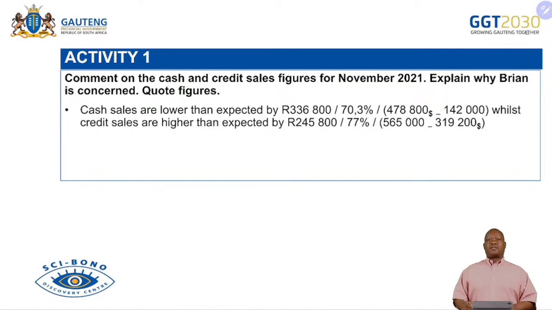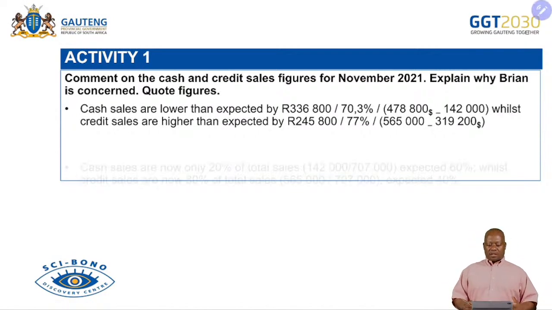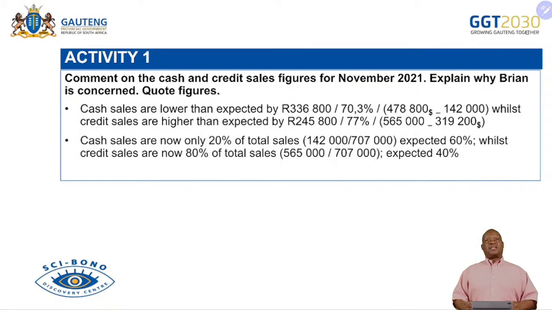Very important. But you are also going to mention credit sales which are higher than expected by about 245,000. That is about 77%. Or you can just tell us from this to this. Very important.